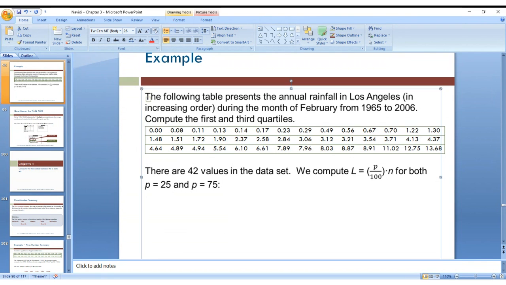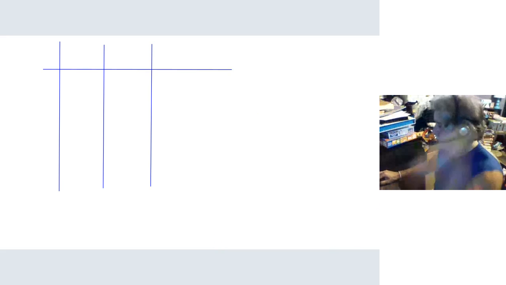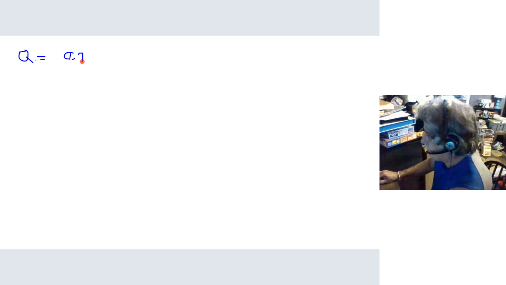So over here on the board, Q1 is equal to 0.25 times the number of pieces of data, which is 45.